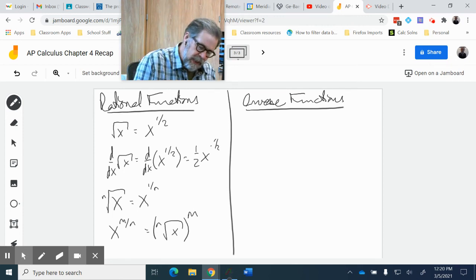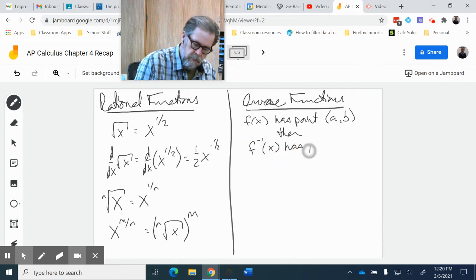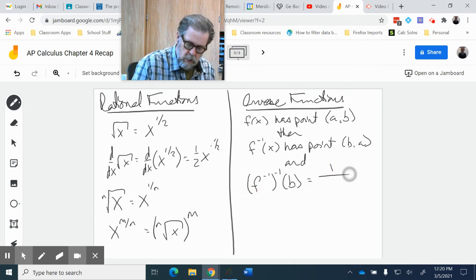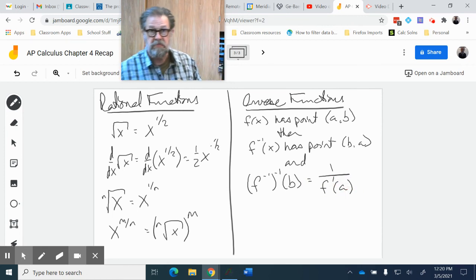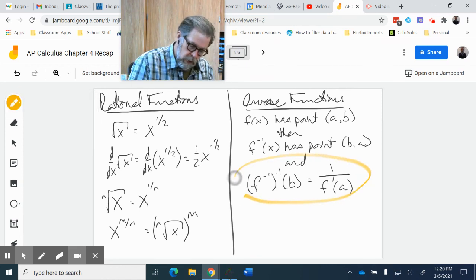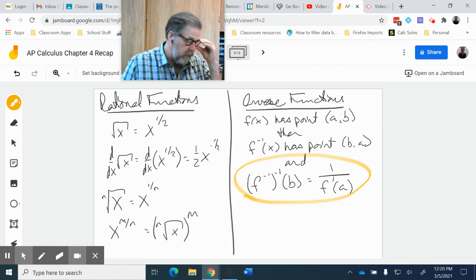Suffice it to say that if f of x has point (A, B), then f inverse of x has point (B, A), and the derivative of the inverse at B is equal to 1 over the derivative of the function at A. Reciprocal? Switch the points. There you go. There's how you find the derivative of an inverse function.